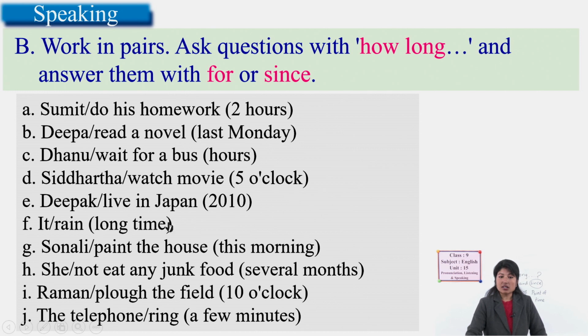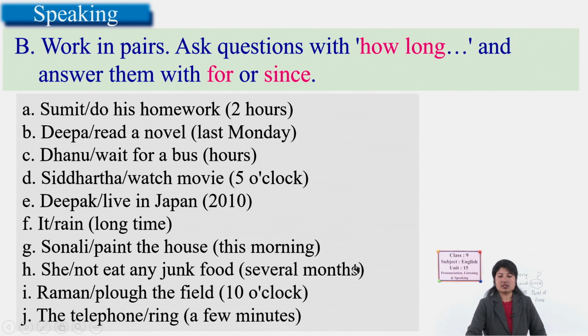You have to confirm whether you are going to use since or for. Like a long time, what do you use for a long time? Of course, this is a period of time. So what do we use? For. And this morning is a point of time, so we use since.